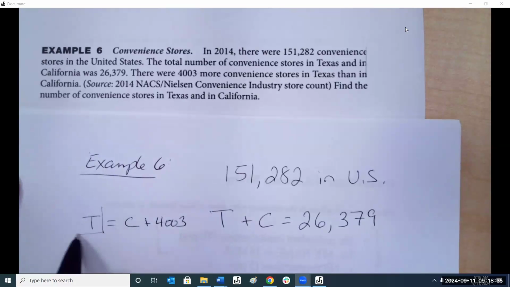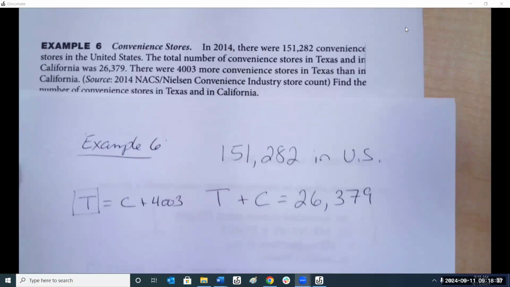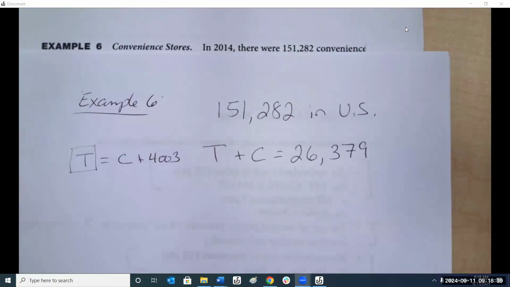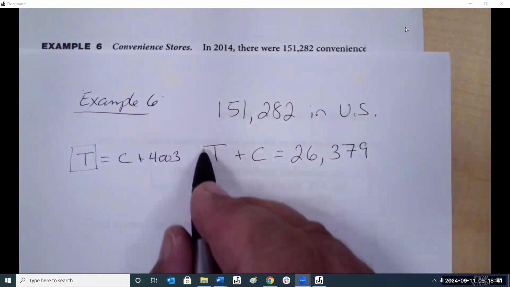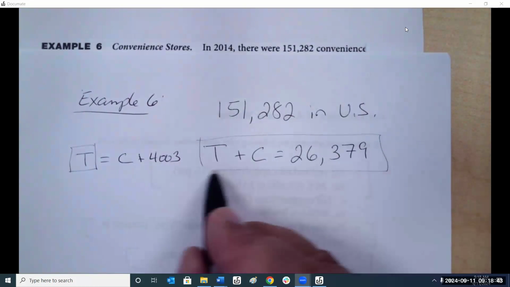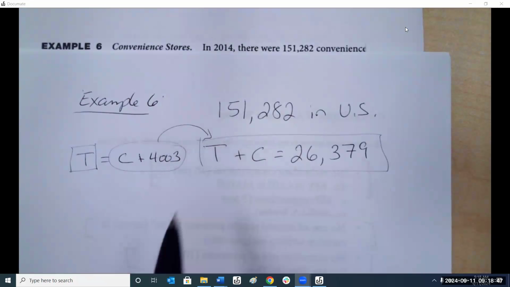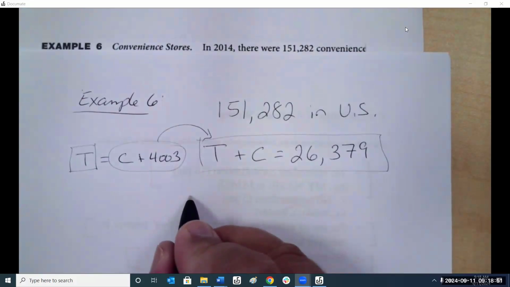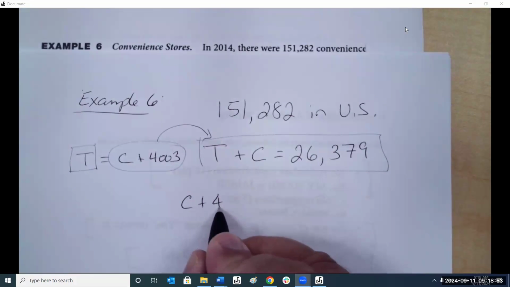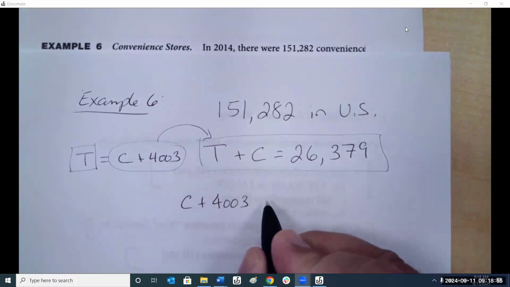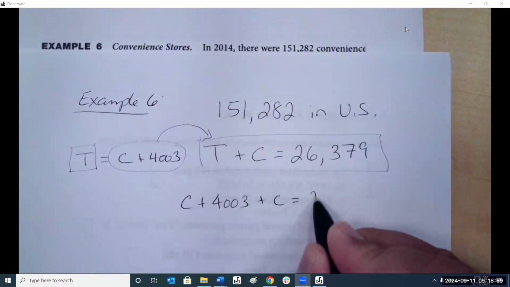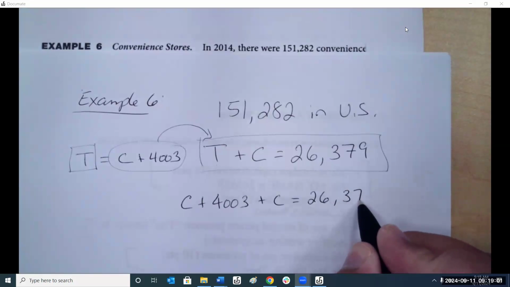We also know what T equals. T equals C plus 4,003. So we go back to our equation. Anywhere I see a T, I substitute C plus 4,003. So it's C plus 4,003, that's T, plus C equals 26,379.